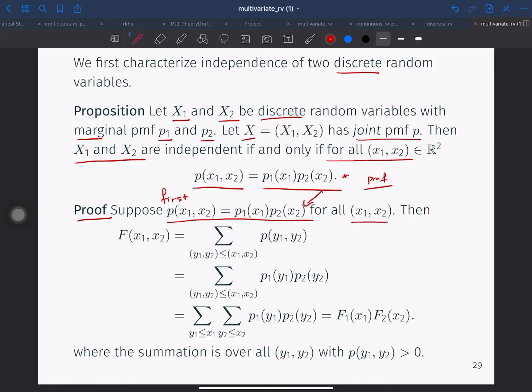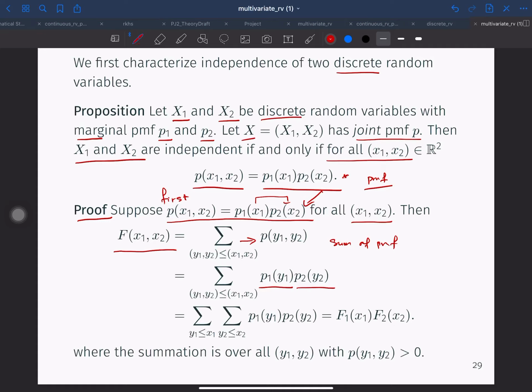for all x1, x2. Then, by the definition, the joint CDF is written as a sum of the PMF. Therefore, by the rule here, we can write it as the product of the marginal PMFs.